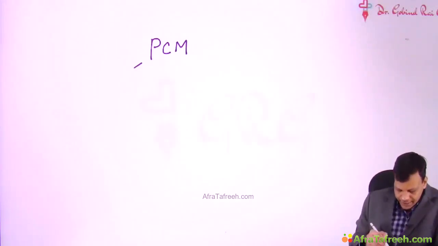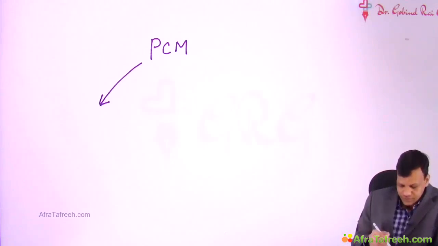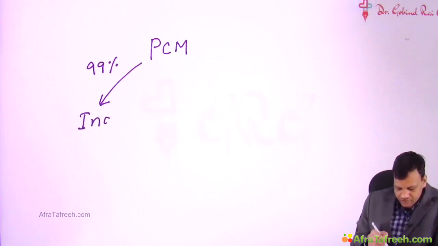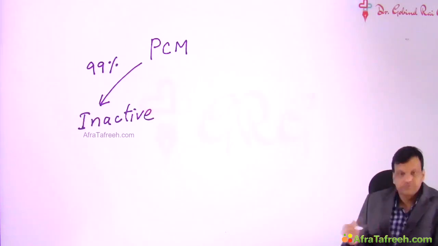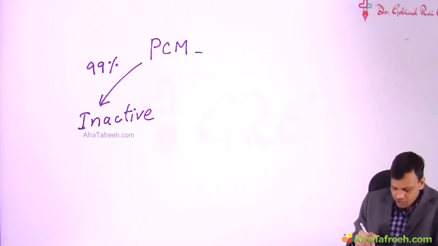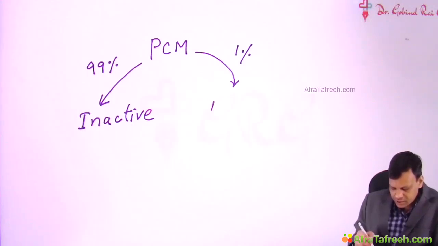Another important finding about paracetamol is that after metabolism, most of it becomes inactive. Almost 99% becomes inactive. But a very small amount of paracetamol, around 1%, is converted to a compound called NAPQI.